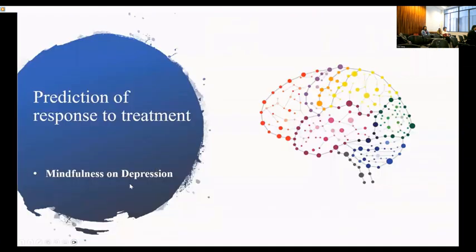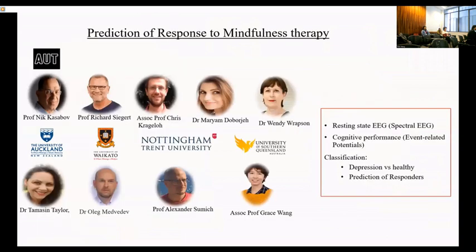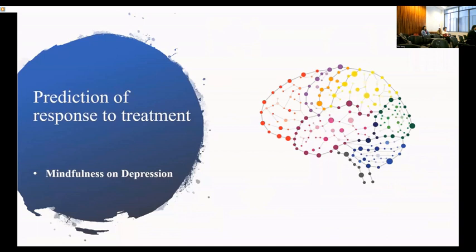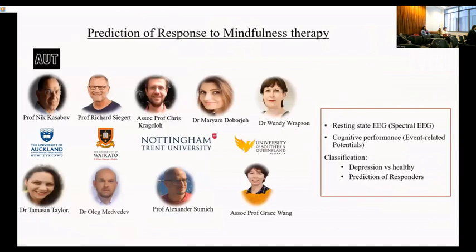So the first application that I'd like to discuss is mindfulness, the prediction of response to mindfulness on depression. And as you already noticed, our research is very interdisciplinary and collaborative, involving leading researchers, emerging researchers, and experts from different fields, from national and international institutions, all working together to apply AI tools for modeling big multi-modalities of data sets.